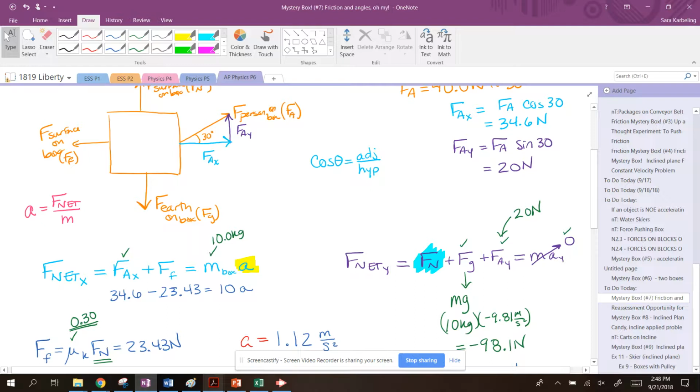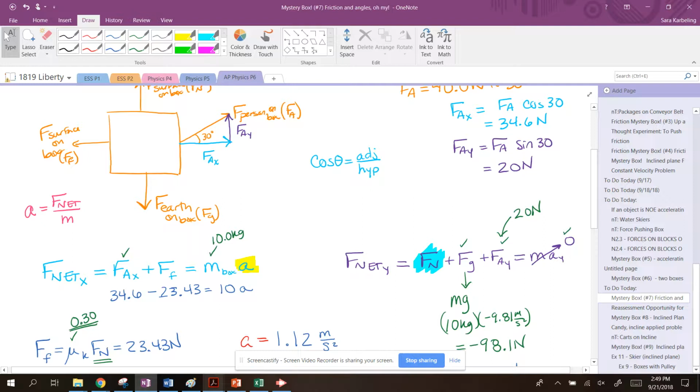Generally, I think of the right as being positive. If you want to be the different one that decides that positive is that way, you can make it negative, but then you also need to make the acceleration negative. Are you with me there?